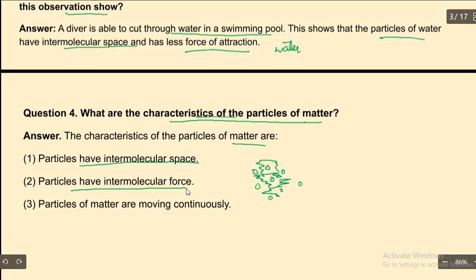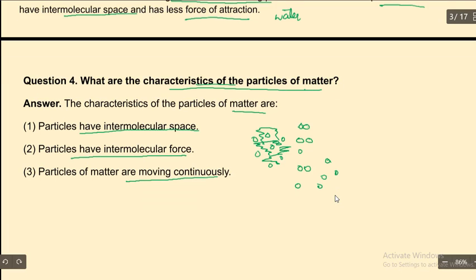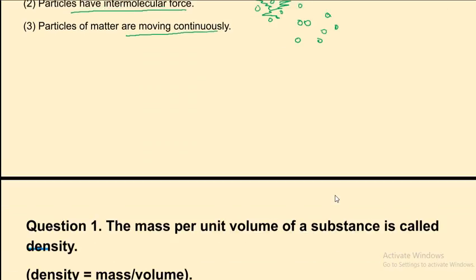Particles have intermolecular force, that means they have some force between them. Particles of matter are moving continuously, here and there. So this is about the characteristics of the particles.